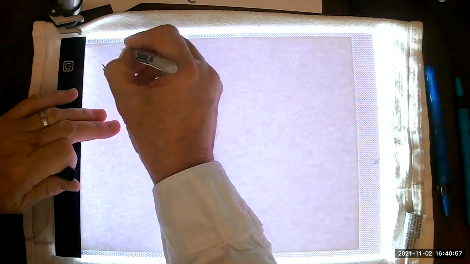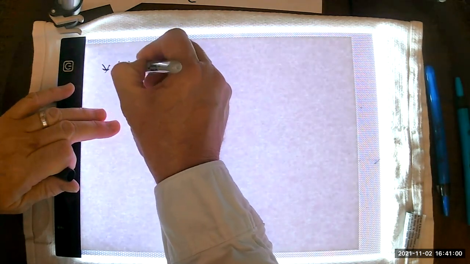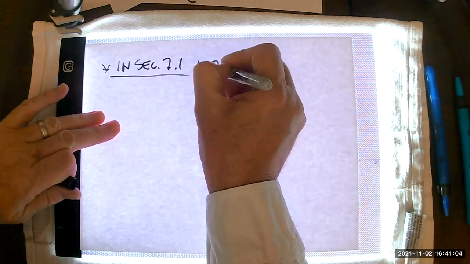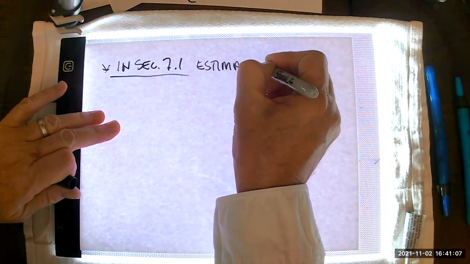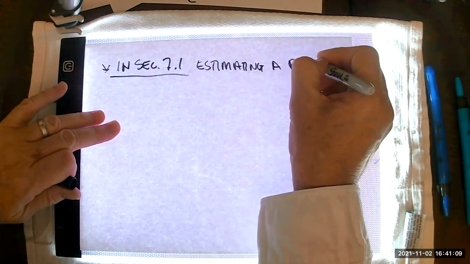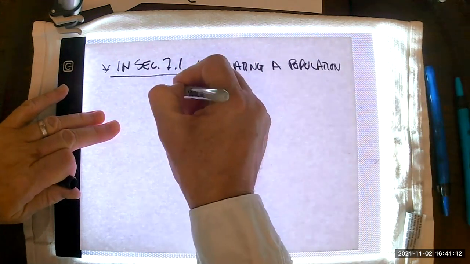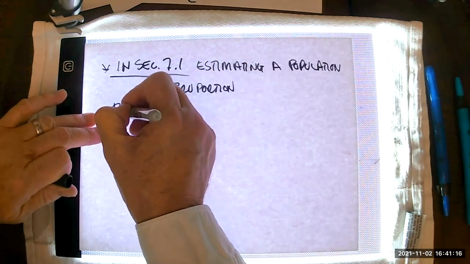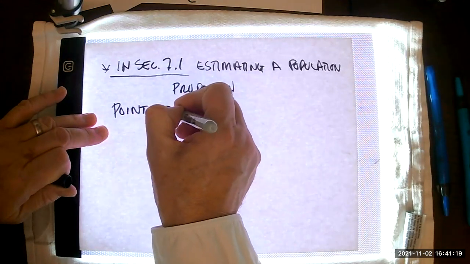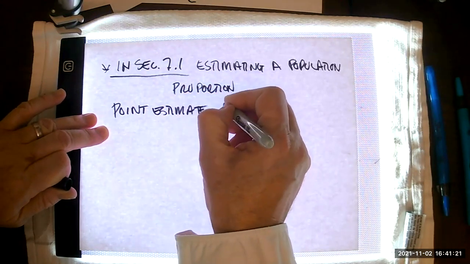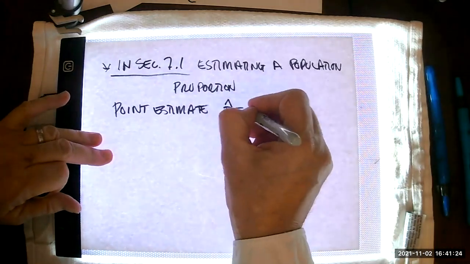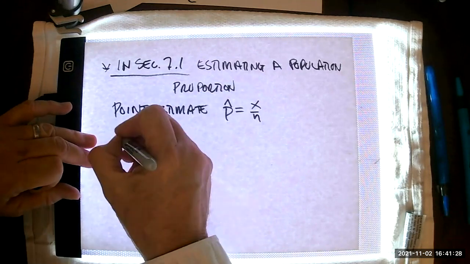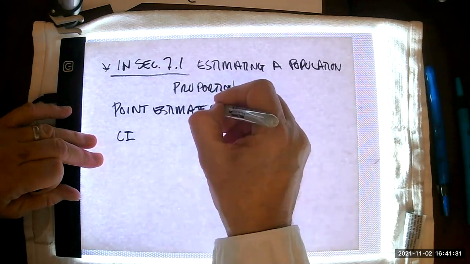In section 7.1, estimating a population proportion, we have that point estimate, P hat, that's equal to X over N. And then we have the confidence interval.